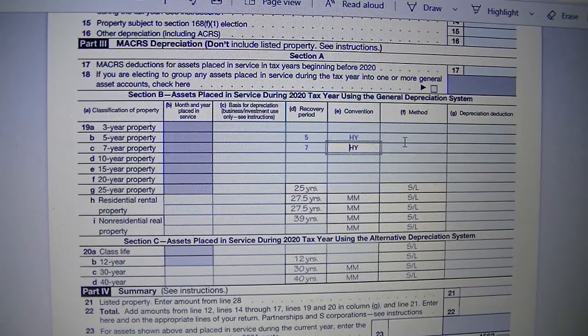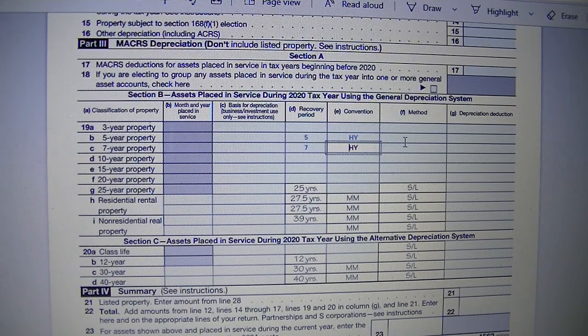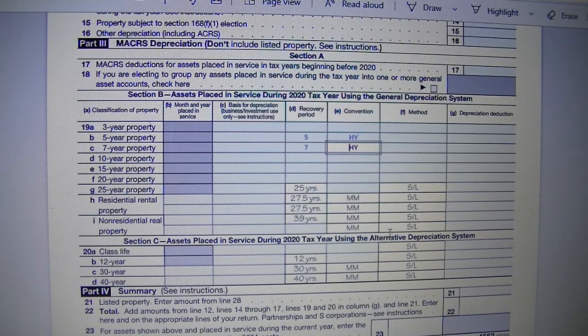Well, there are four. Let's start with MACRS, the Modified Accelerated Cost Recovery System, which has the General Depreciation System and the Alternative Depreciation System. Most of the time, the General Depreciation System is used, unless the assets you are depreciating are required to use the Alternative Depreciation System.